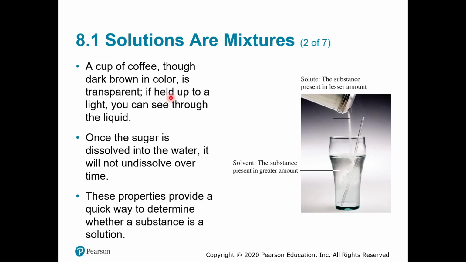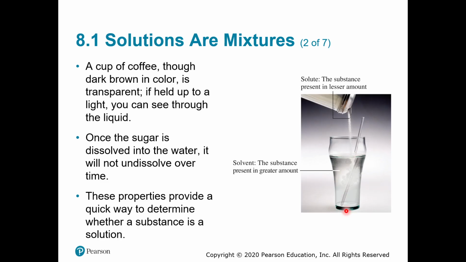You can't see through it. And that's because creamer has things that don't actually dissolve in the water. Okay? If you were to let that sit there for long enough, you'd actually see the creamer settle out, which happens whenever I forget my coffee cup in my car. Yep. Seen that a few times.